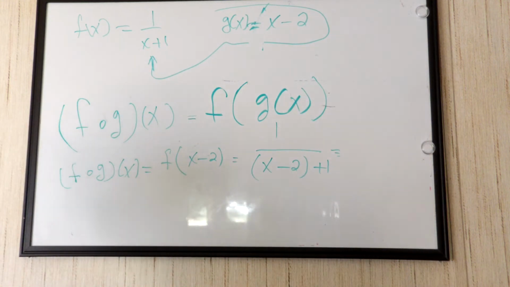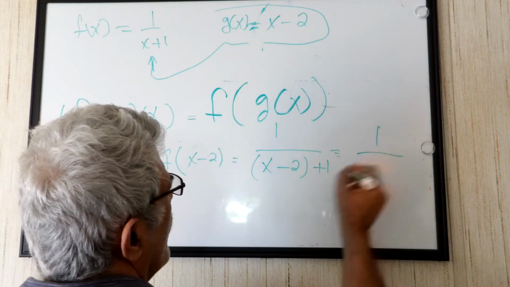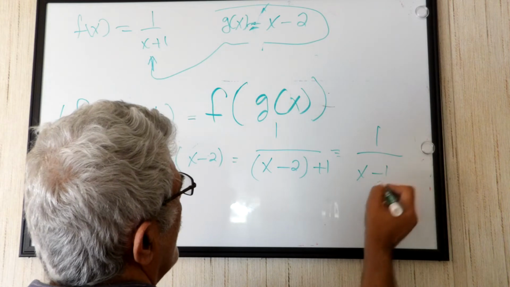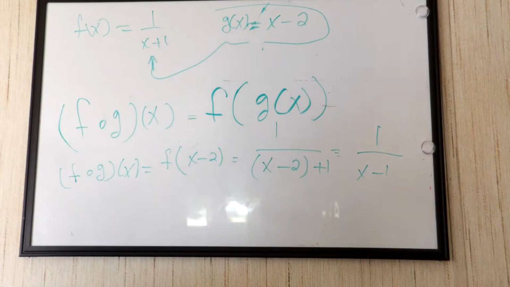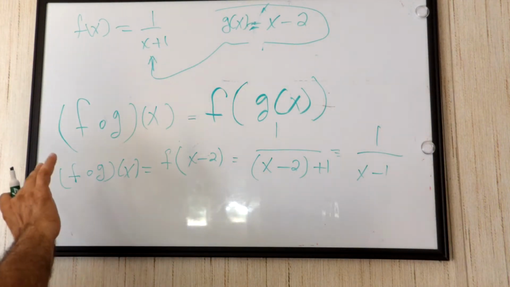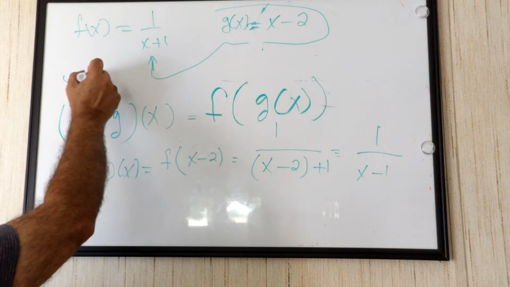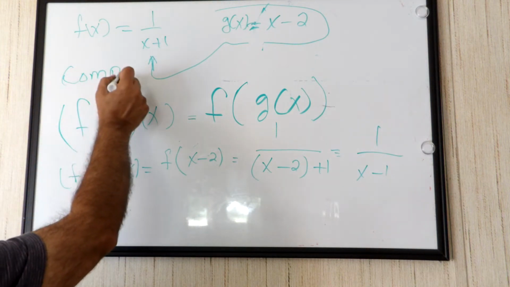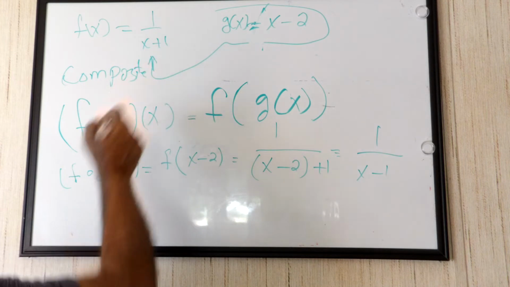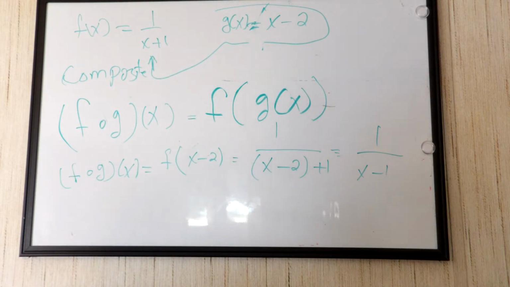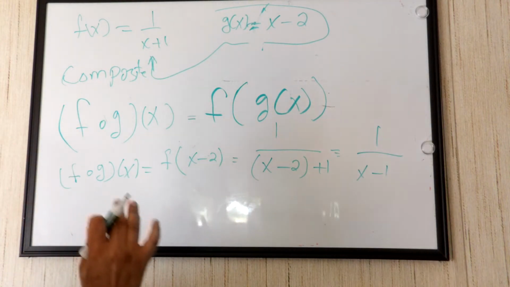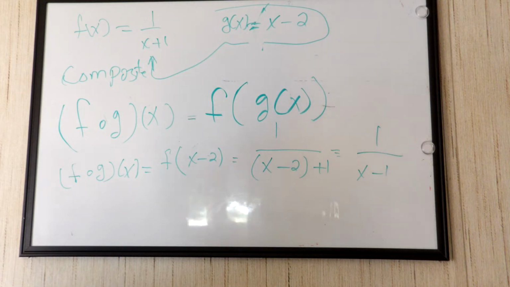So it's going to be 1 over x minus 1. It's composite. Composite function means that there is a function inside another function.